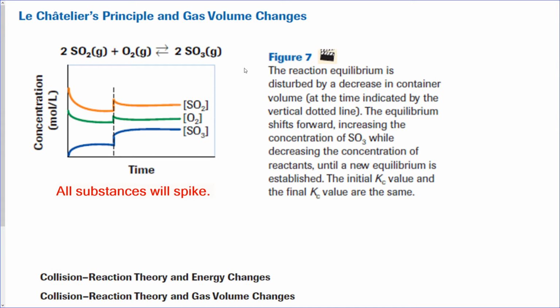Now, if we had another reaction, such as the potassium iodide, which we dealt with a lot in the previous section, we have 1 mole of potassium, 1 mole of iodine, and 2 moles on the other side of potassium iodide. So we have 2 moles on one side, 2 moles on the other side. In that case, when we change the pressure by increasing or decreasing the volume, there will be no change at all.